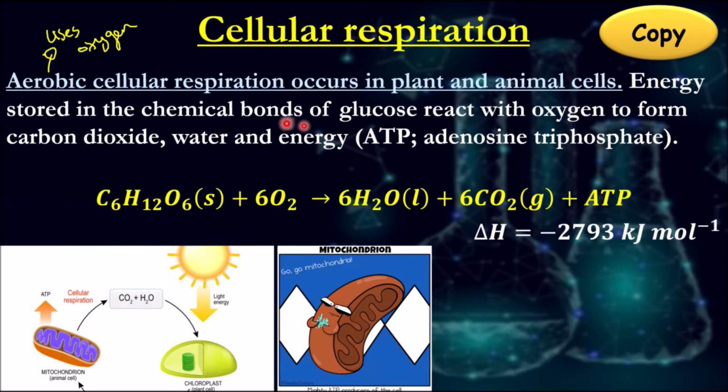Energy stored in the chemical bonds of glucose, again, this is the formula for glucose, will react with oxygen to produce carbon dioxide, water, and energy. This energy is known as ATP, adenosine triphosphate, so that's the energy there. This is an exothermic reaction.